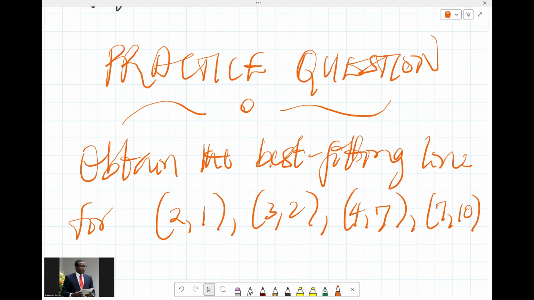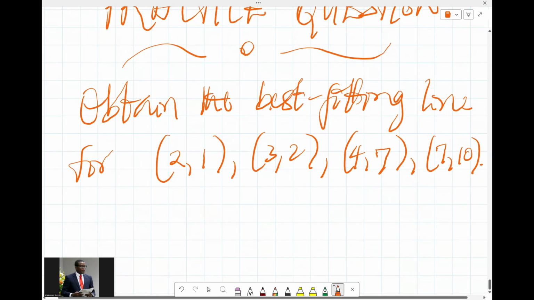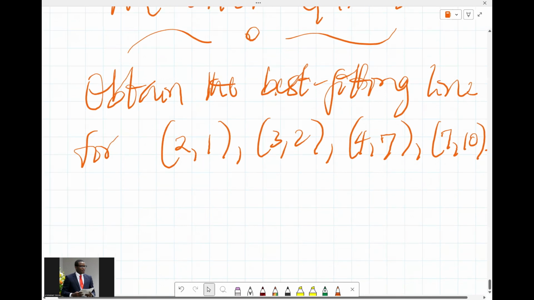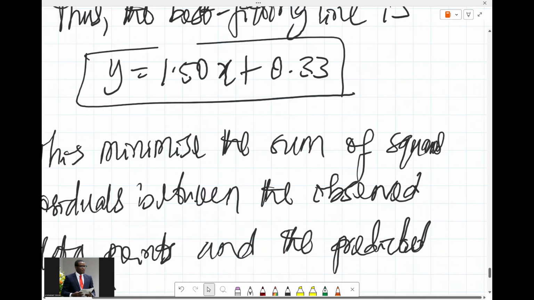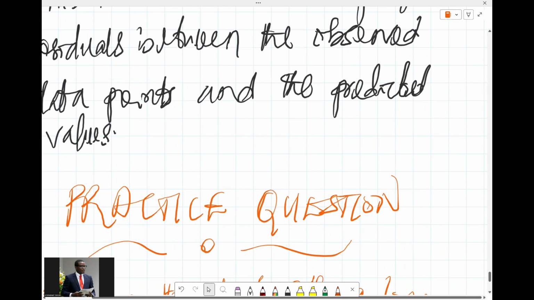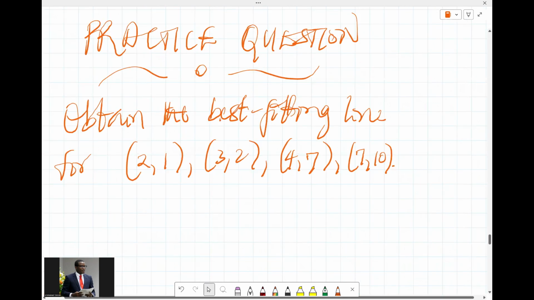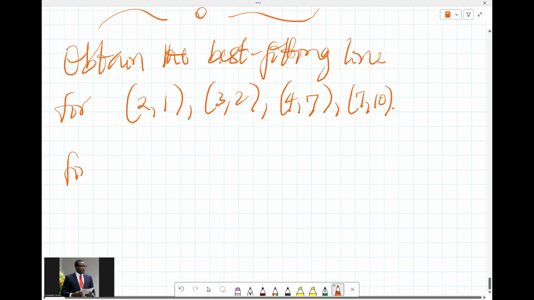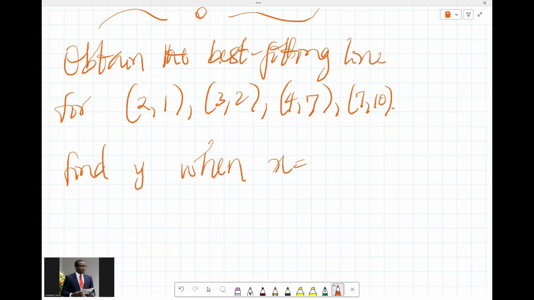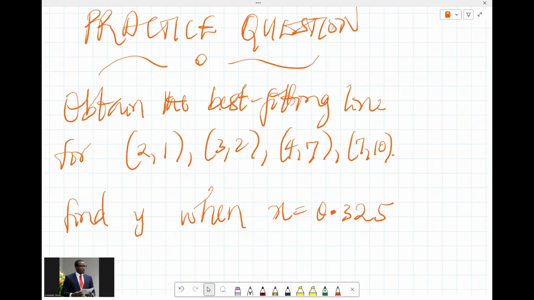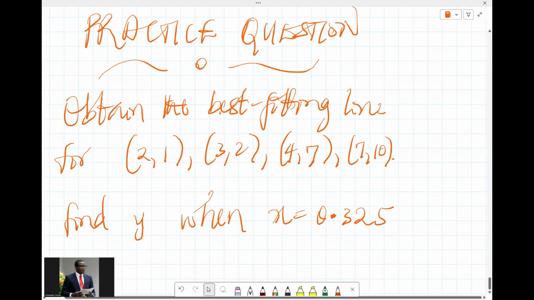Okay, obtain the best fitting line for that, right? Then you're going to end up getting y and all that. Add to the question: find y when x is equal to 0.325.